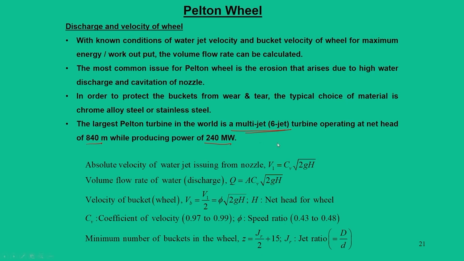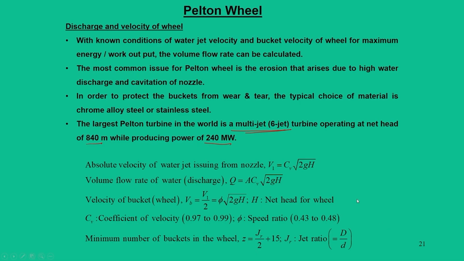But there are some side effects of this Pelton wheel: erosion arises, because this wheel operates throughout the year. So, there is erosion of the blades, and there are also issues with cavitation of the nozzles. For those reasons, to protect the buckets, the typical material of choice is chromal alloy steel or stainless steel. So, these are some of the design features or characteristics: how many buckets you require for a given wheel and how many jets we can have.